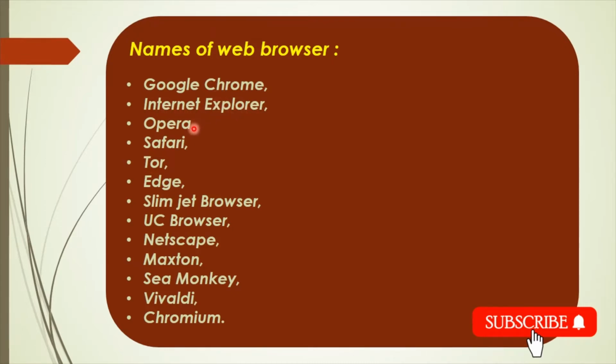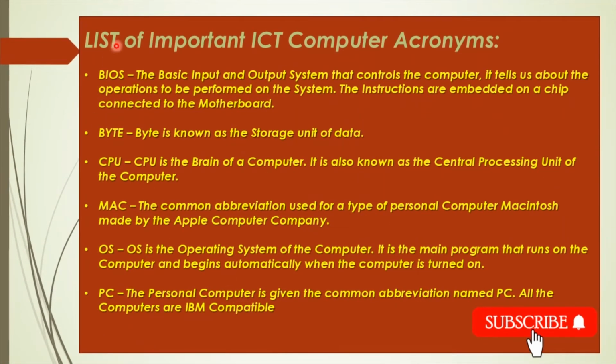This also, next to Google, most of the people are using. Then Opera, Safari, Tor, Edge, SlimJet browser, UC browser, Netscape, Maxthon, SeaMonkey, Vivaldi, Chromium. All these are names of web browsers. So keep this in mind carefully to attend the answers for the UGC NET exam. These are some of the web browsers in information and communication technology.